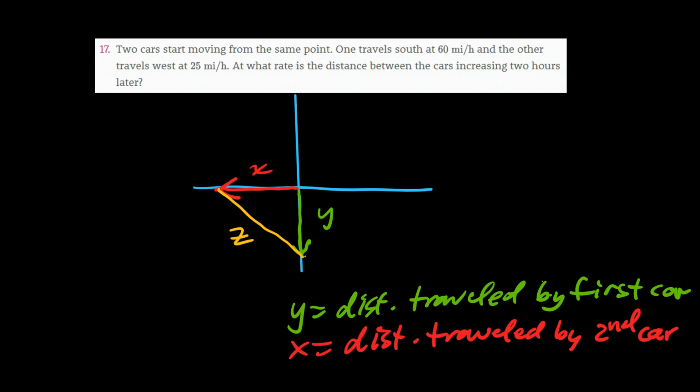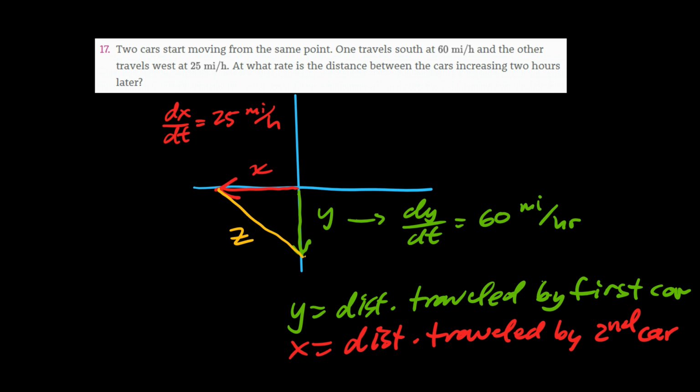The one traveling south at 60 miles per hour tells us that dy/dt is 60 miles per hour. The second one tells us dx/dt is 25 miles per hour.